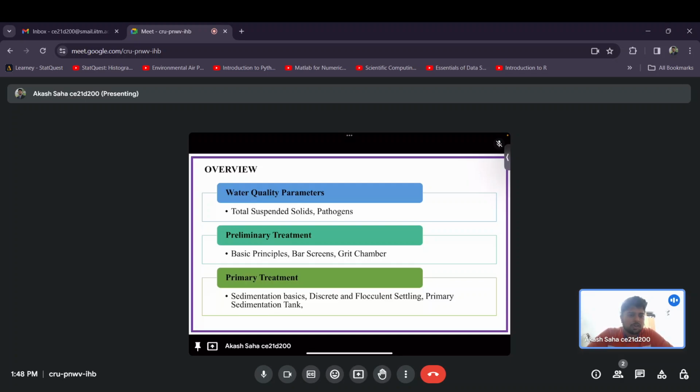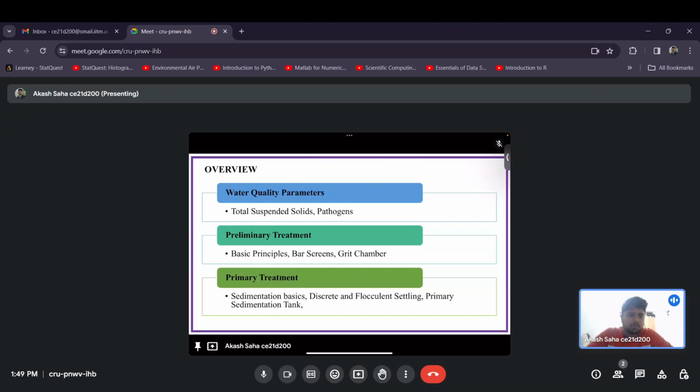And then we moved on to the preliminary treatment, where we discussed the basic principles related to the bar screens and the chamber, and we saw the functions of them. And after that, we discussed the primary treatment, where we learned the basics of sedimentation, the various kinds of settling, starting from the discrete, flocculent, hindered, and compression settling. And then we moved on to the design of sedimentation tank.